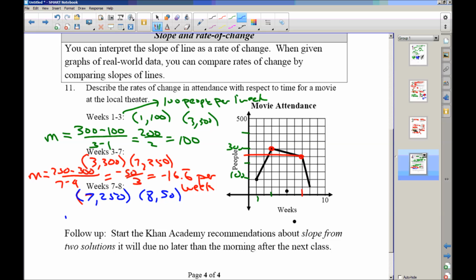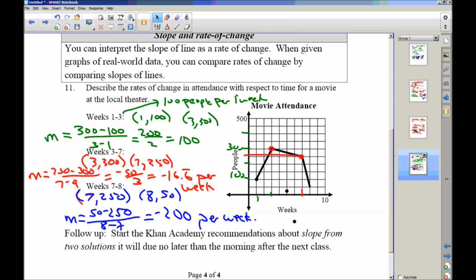So our rate of change would be 50 minus 250 over 8 minus 7, which will give us negative 200 over 1, which means we're losing 200 people per week. And that's probably why they stopped showing the movie after week 8. Okay, so attendance increased, and then it slowly fell for a while, and then it completely dropped off.